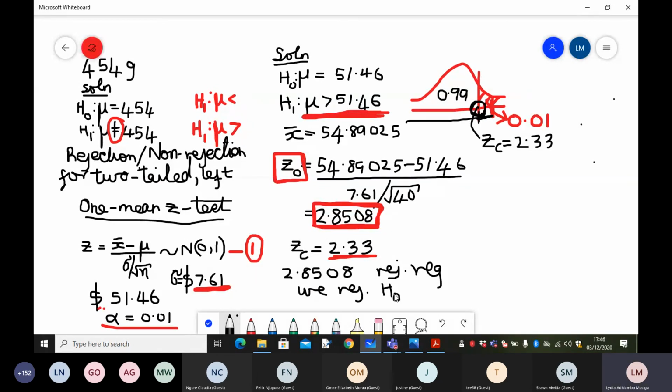And then after noting that, what did we say? 2.8508 falls in the rejection region. So we reject H0, implying that the test results are statistically significant at 1% level. So what conclusion do we make?